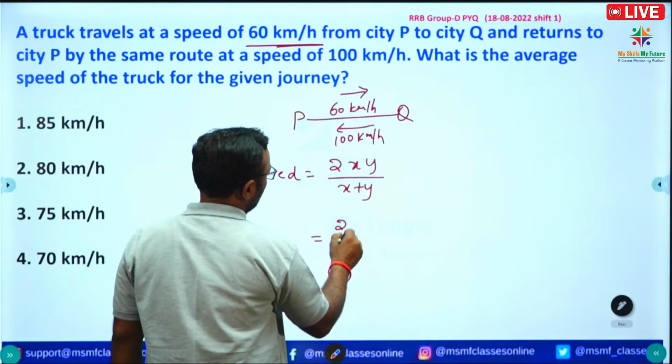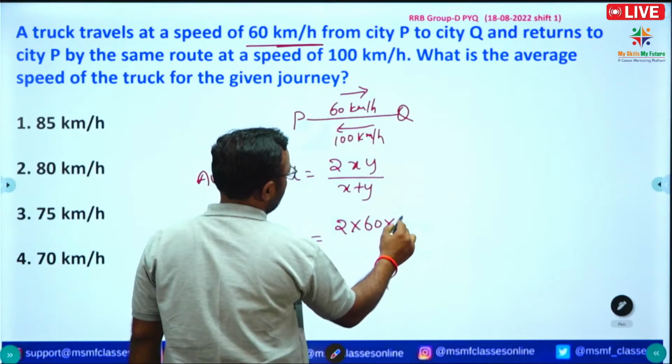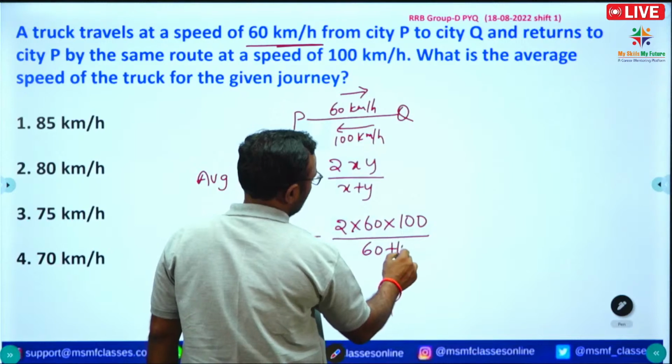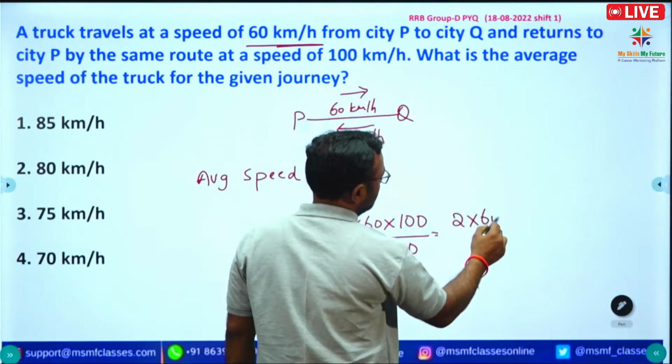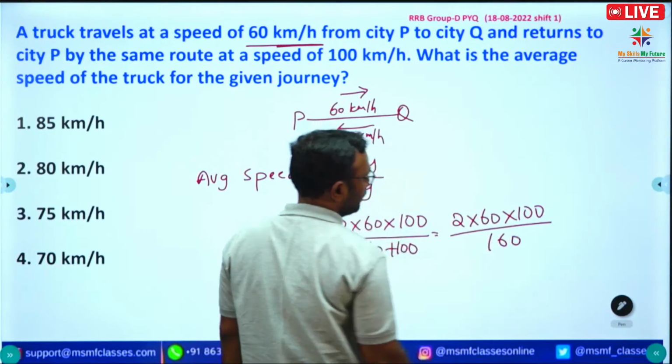So 2 into 60 into 100 by 60 plus 100, that is 160.